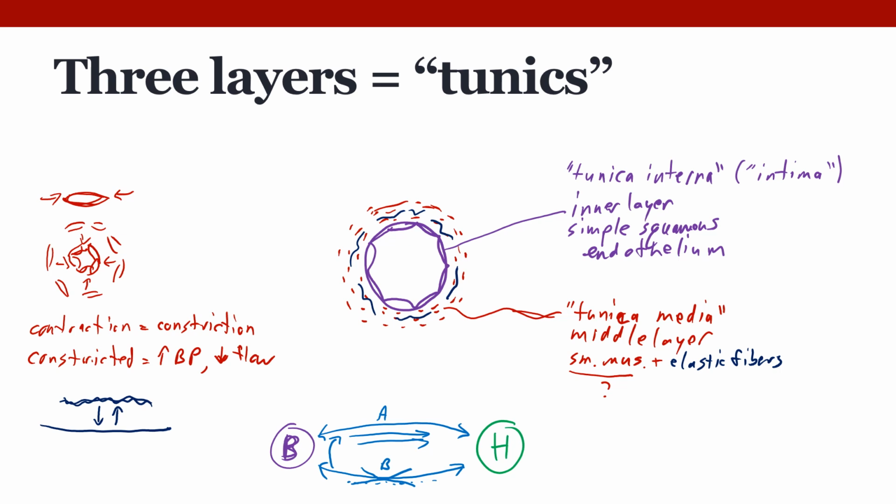The same thing happens in blood vessels. If you constrict one set of blood vessels, that's going to decrease blood flow to that organ and allow more blood to go to the organs that haven't constricted. Why would you want to do that? Well, again, let's revisit that fight or flight response.